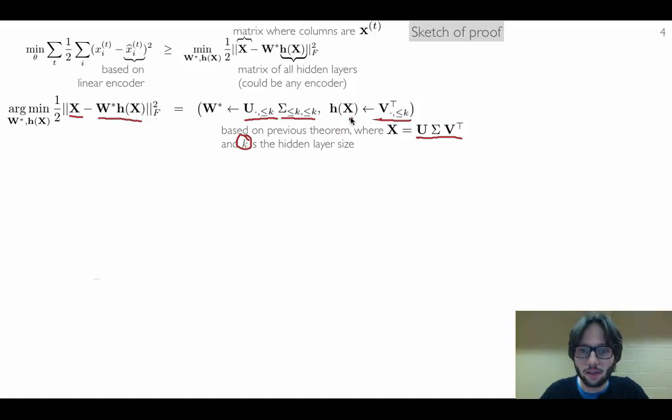So it could be V transpose, where we've taken the first K columns of V. We could have put sigma here as well, that's another solution. But this is a valid solution, and it does minimize that expression based on the previous theorem.